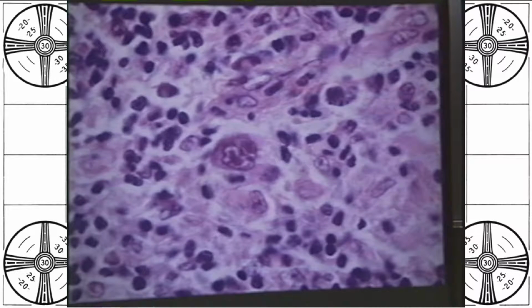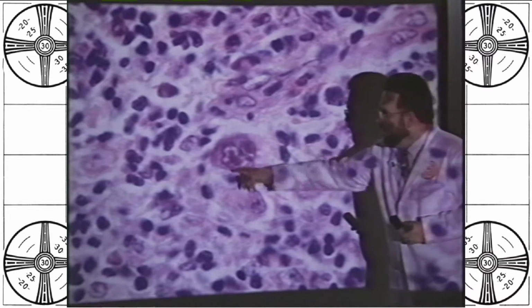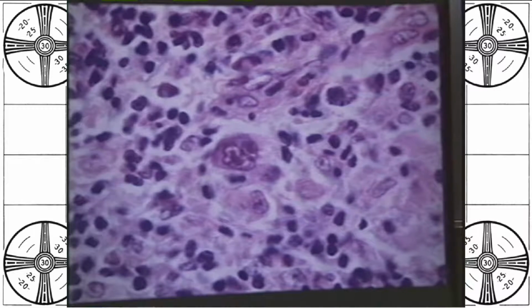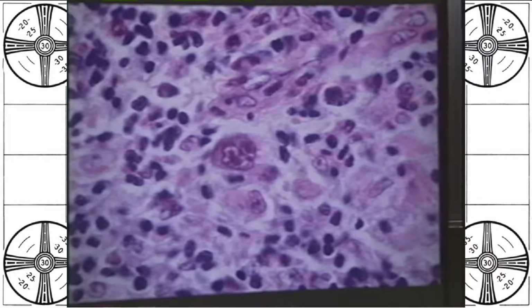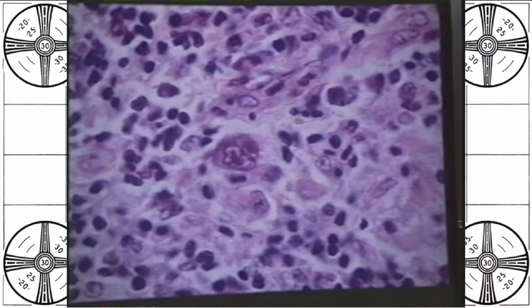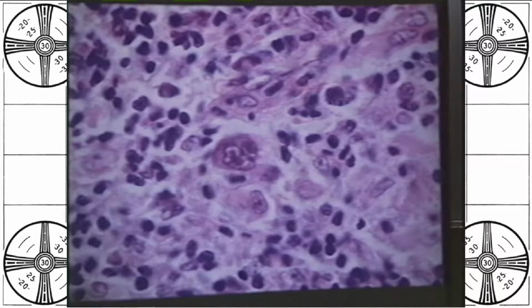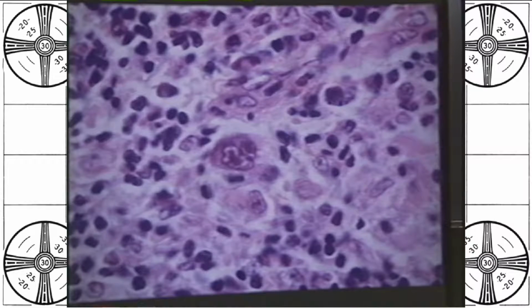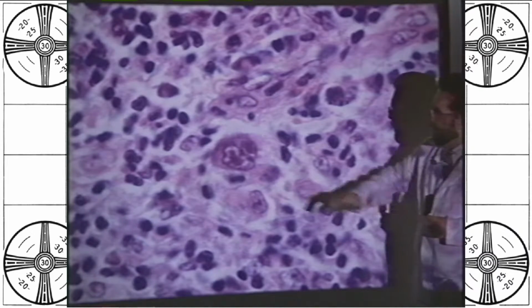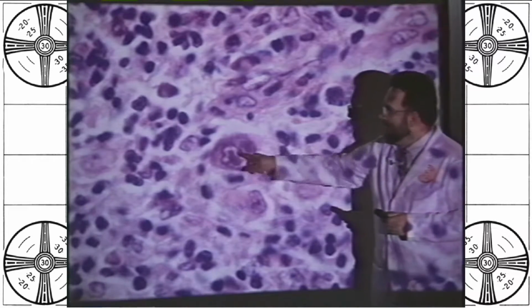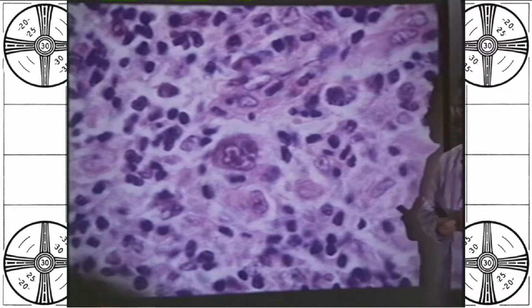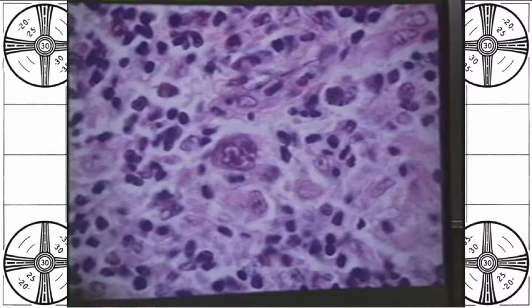So this is the famous Reed-Sternberg cell that probably you read or heard about in some textbooks. And as you can see, it's a fairly large cell. It's binucleated, and each nucleus has a very prominent eosinophilic nucleolus. So that's the famous Reed-Sternberg cell.